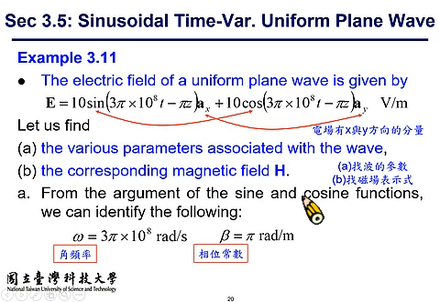So if you trace the direction of the electrical field at different moments, it follows a circular locus, a circular arc. Therefore, this kind of field is referred to as circularly polarized.